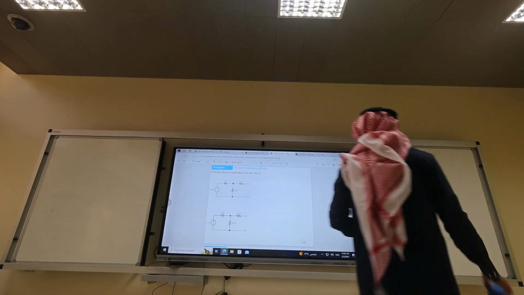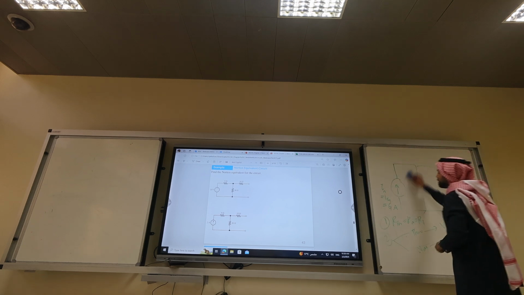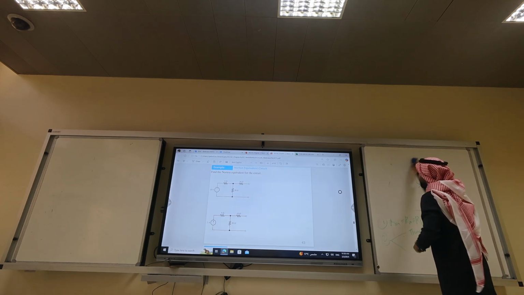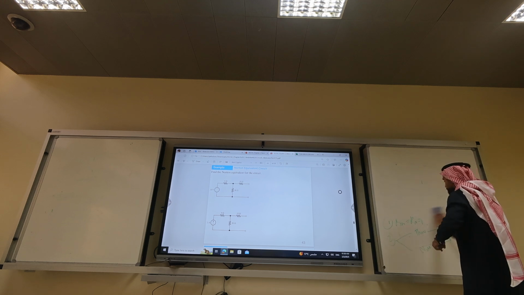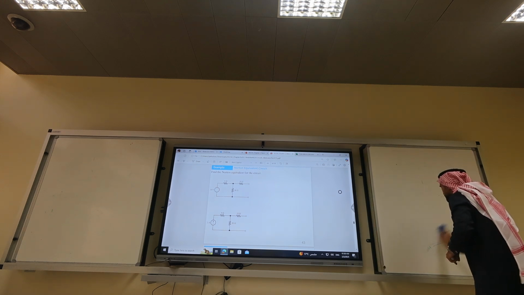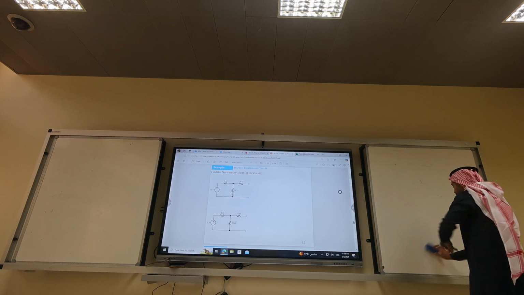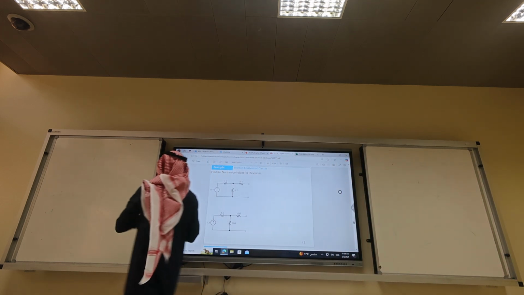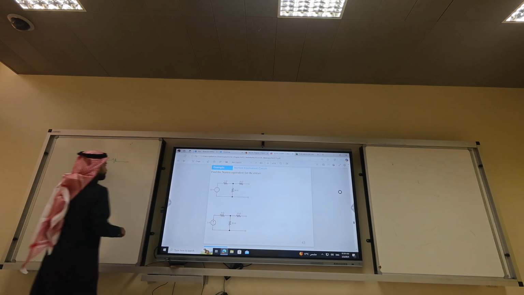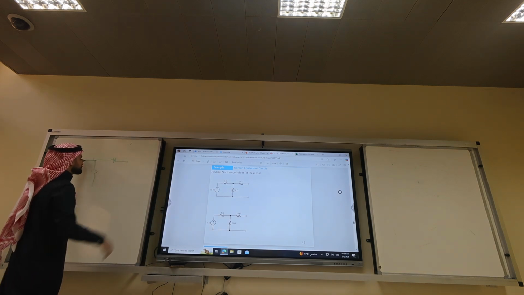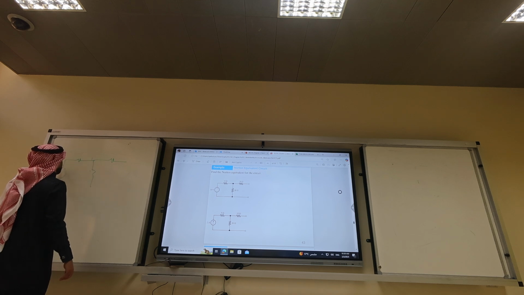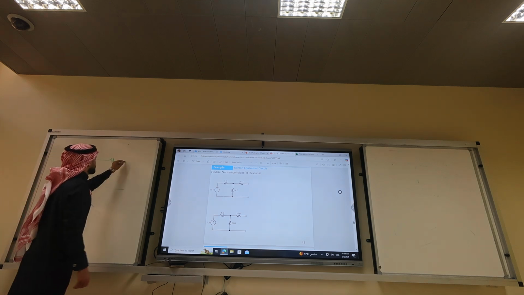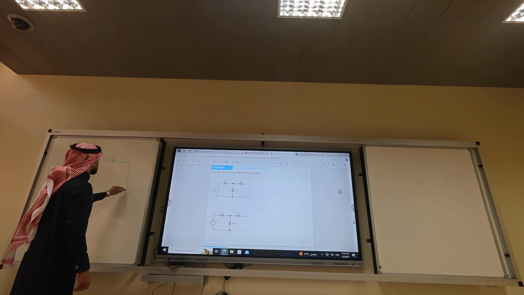Now, how to find V Thevenin? The question asked about I Norton equivalent, right? For the first circuit, I'm going to solve it real quick. We already found R Thevenin, right? So keep the original. So you said I short circuit, right?